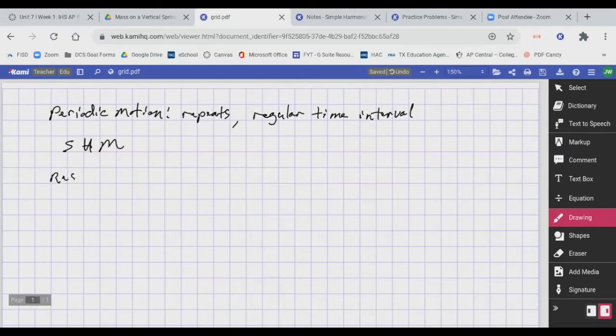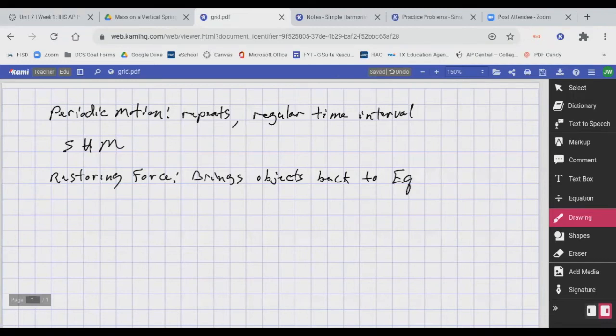So restoring force. And this is a force that tends to bring an object back to equilibrium. Brings objects back to, I'm going to use EQ for equilibrium, just for shorthand.